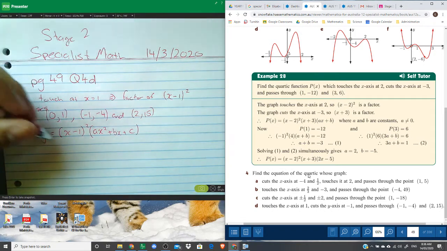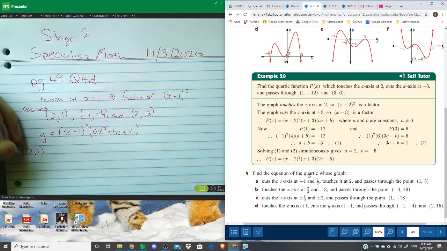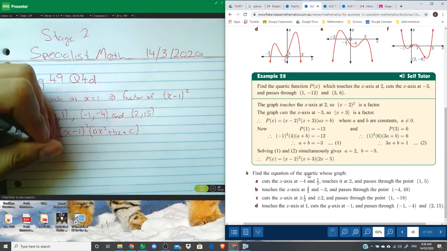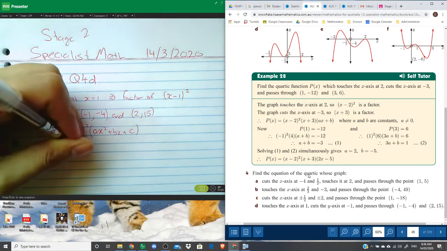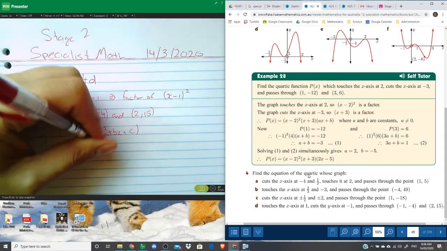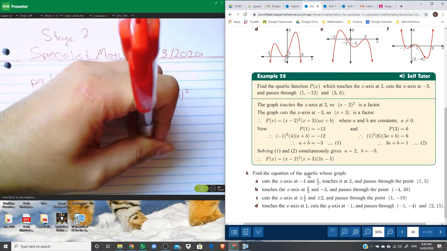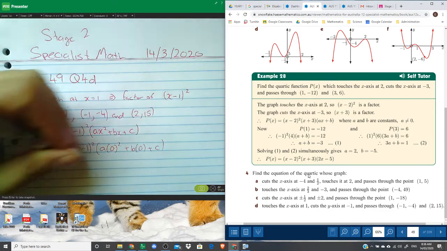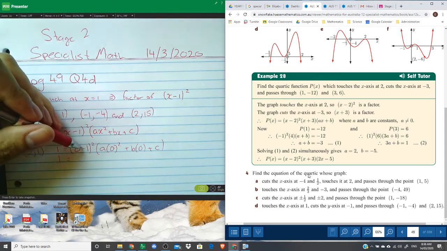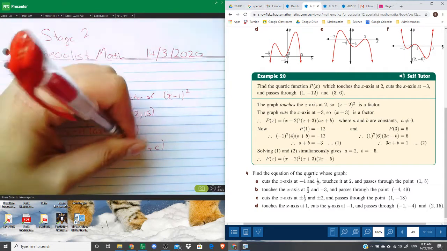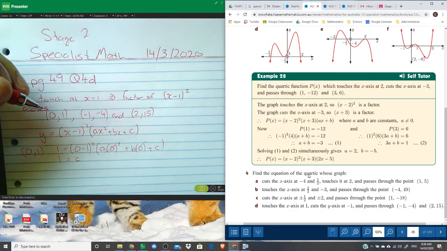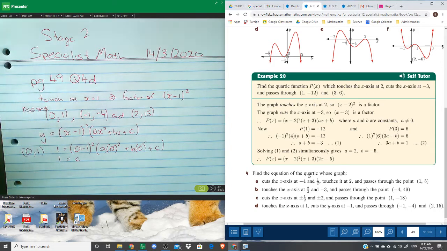Let's start by writing out some equations. If we have the coordinate (0, 1), well, 1 equals (0 minus 1) squared times (a times 0 squared plus b times 0 plus c). 1 squared is just 1, these cancel, and basically we have 1 equals c.